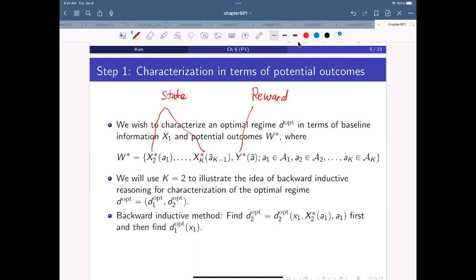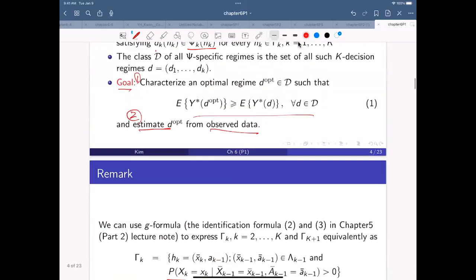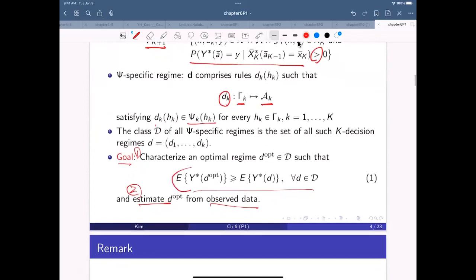Your decision criteria is based on y. However, how you obtain your y star depends on x.